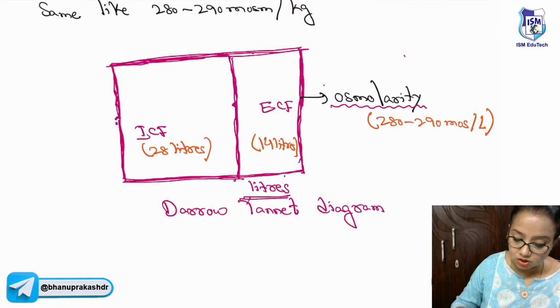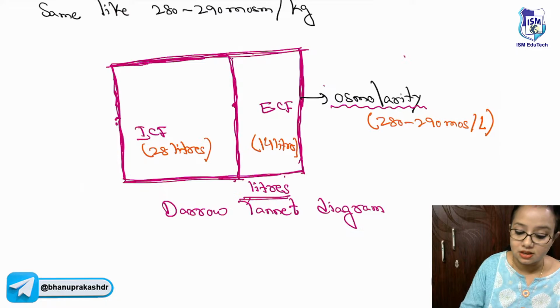So when this change in the body fluid happens, volume-wise and also osmolarity-wise, what actually happens to the movement of water? Because as we saw, in the normal condition there is no movement of water from ECF to ICF or ICF to ECF.